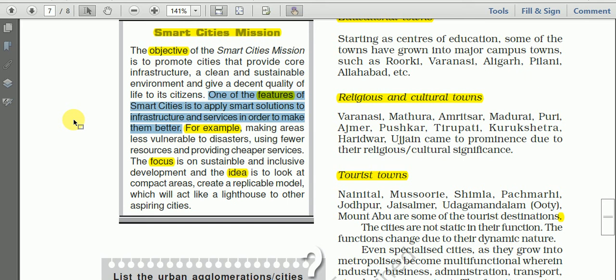Using these smart solutions means digital solutions, using computers, for example, using information technology, computers and artificial intelligence to infrastructure and services in order to make them better. Say, for example, traffic control may be computerized, using artificial intelligence. This is an example of a smart solution, to decongest the vehicles on the road.